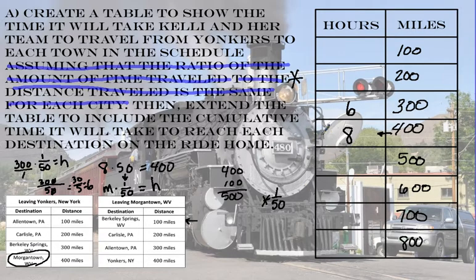Now the other thing that I know is that once I find my additive structure, I can use it to fill out the rest of my table. So I know that when I added 100 miles, I added 2 hours. Notice we're using all kinds of different ways to fill out our table here because we've learned so many different ways.